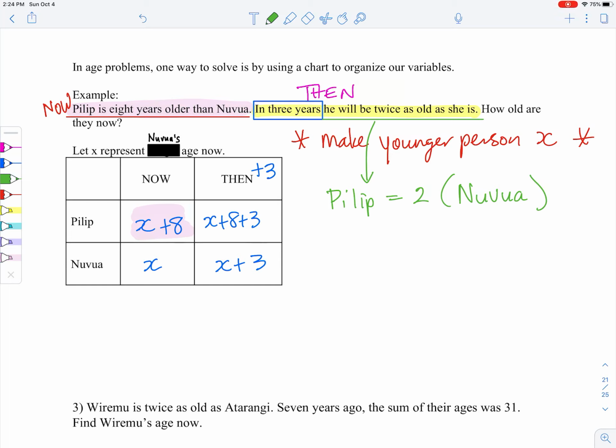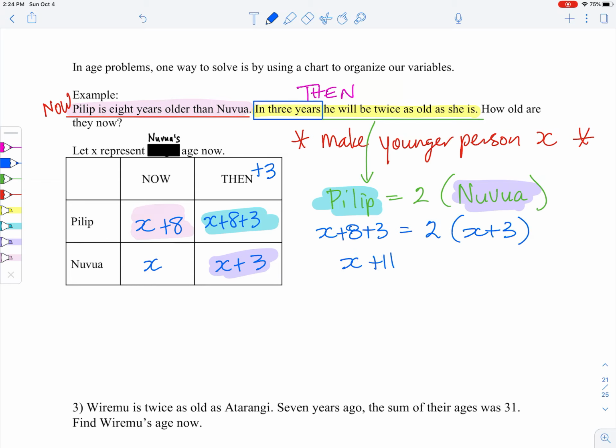And for Philip, we take what Philip is in 3 years. So X plus 8 plus 3, that was Philip, equals 2 times Nouveau. Nouveau is the X plus 3. And that's going to be the equation that we solve.